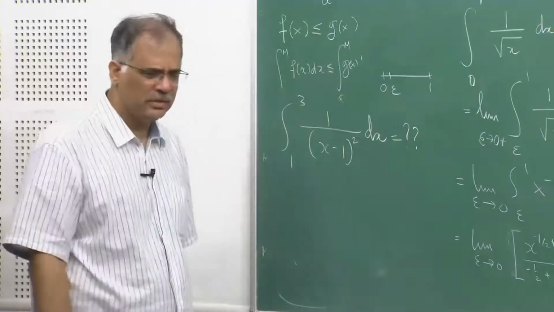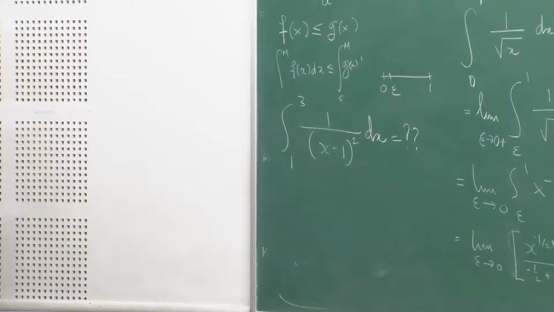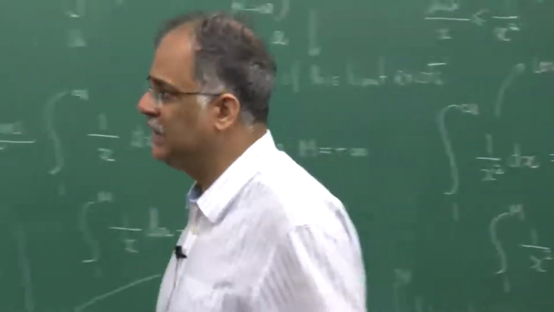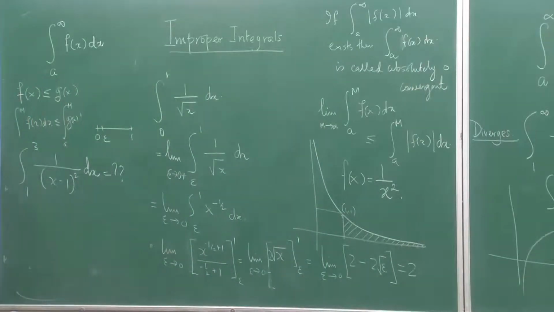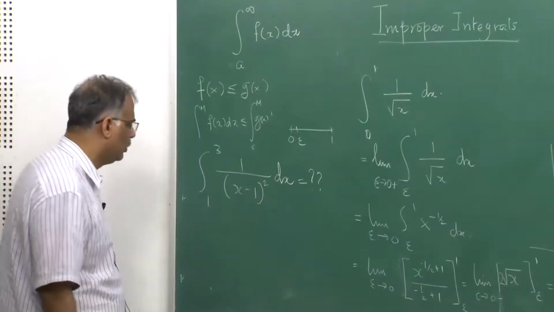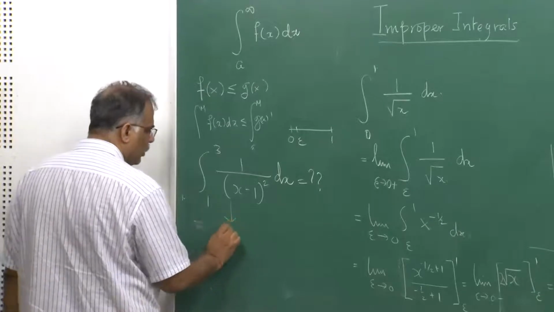What about this? At x equal to 1, the thing does not work. So, whether this is a convergent or divergent integral, meaning whether this exists or does not have a finite value, is something we have to look into. This I can leave as homework, and tell you this one does not have a finite value.